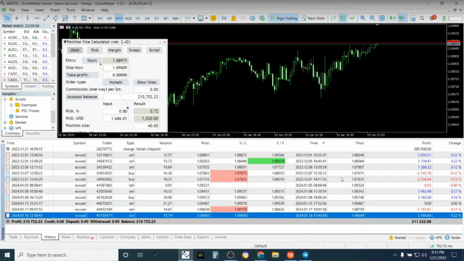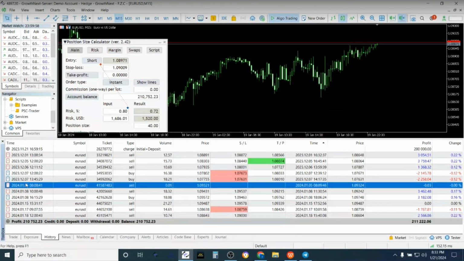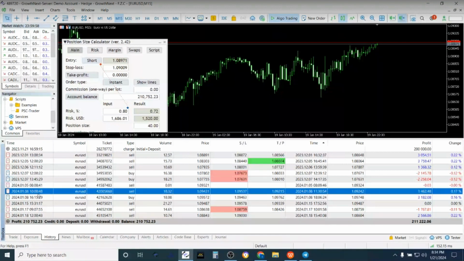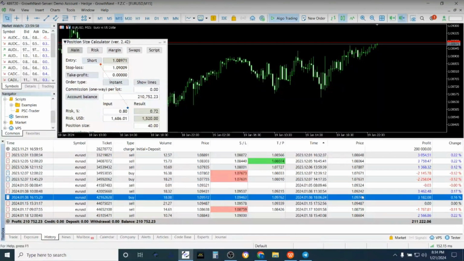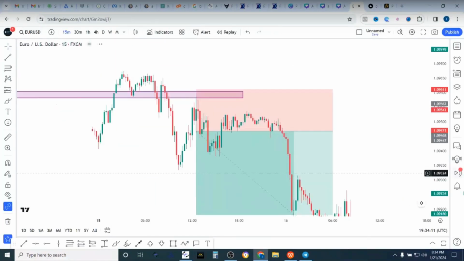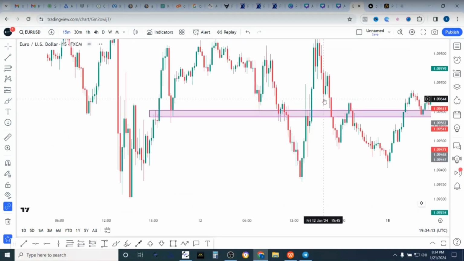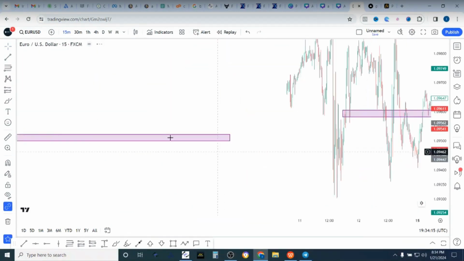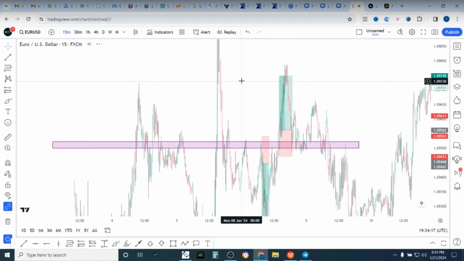Last week, I talked about my previous trades. I talked about my wins. Let's look at this January here, 8th of January, these initial 2 wins back to back that I had. This was it here. You see that my stop losses were in place, right?